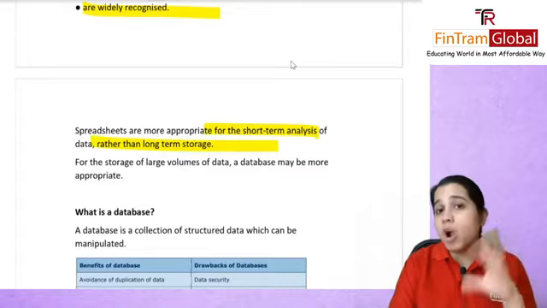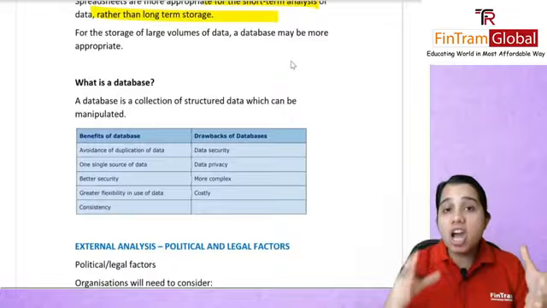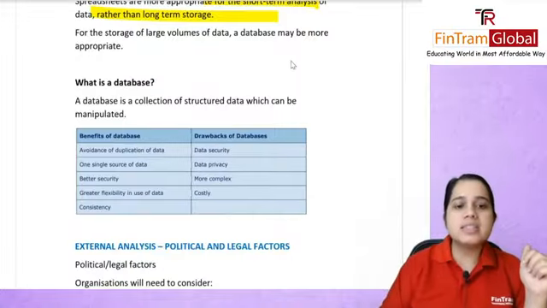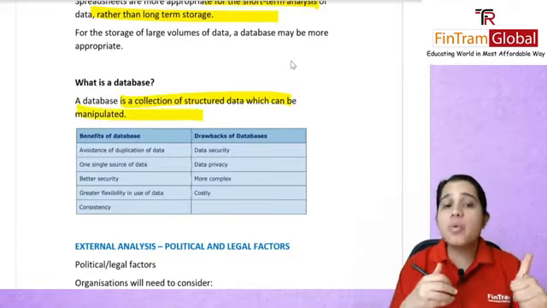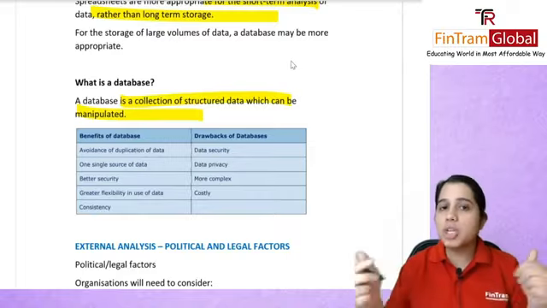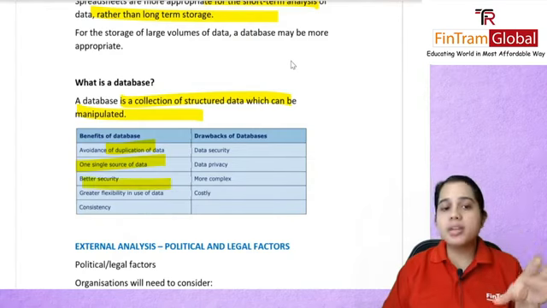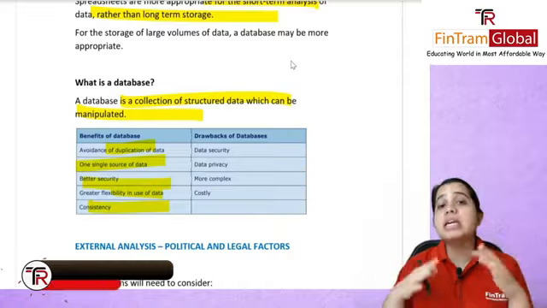However, what is a database and how is it different? For large volumes of data, a database will be preferred to a spreadsheet. A database is a collection of structured data which can then be manipulated. Its advantages are the avoidance of any duplication or repetition of your data, one single source of data, better security than your Excel, greater flexibility, and it is very consistent.